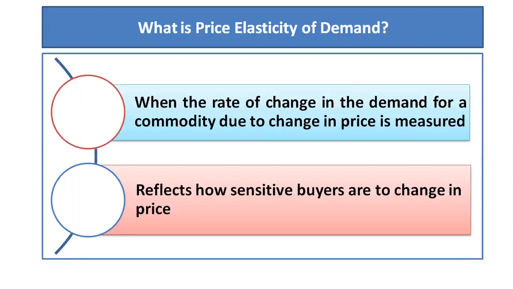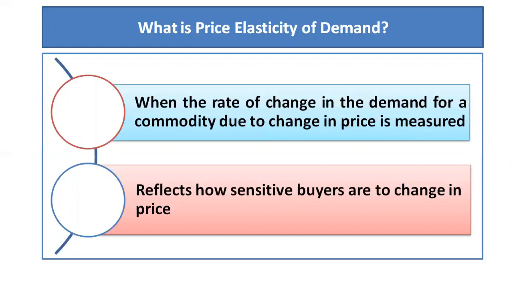Now, today we are going to see the topic price elasticity of demand. Price elasticity of demand also measures the degree of responsiveness of a quantity demanded of a commodity to change in its price. Here we are referring only to the price with the quantity demanded.